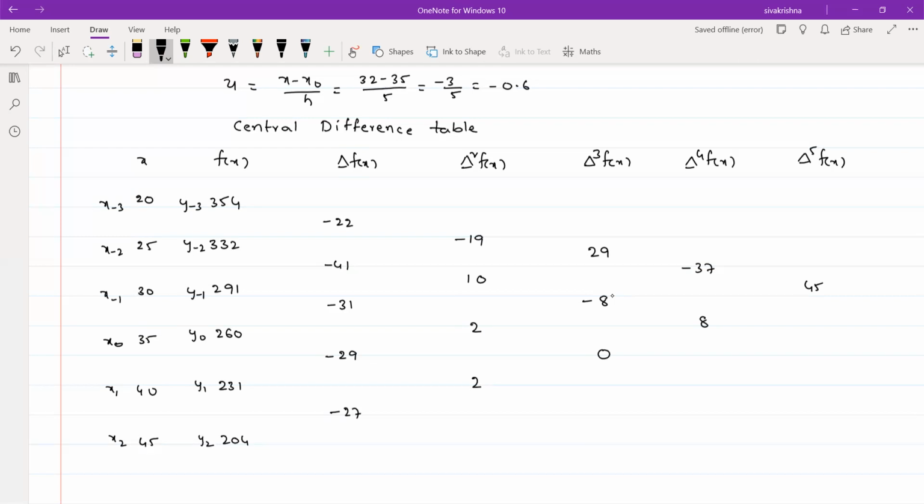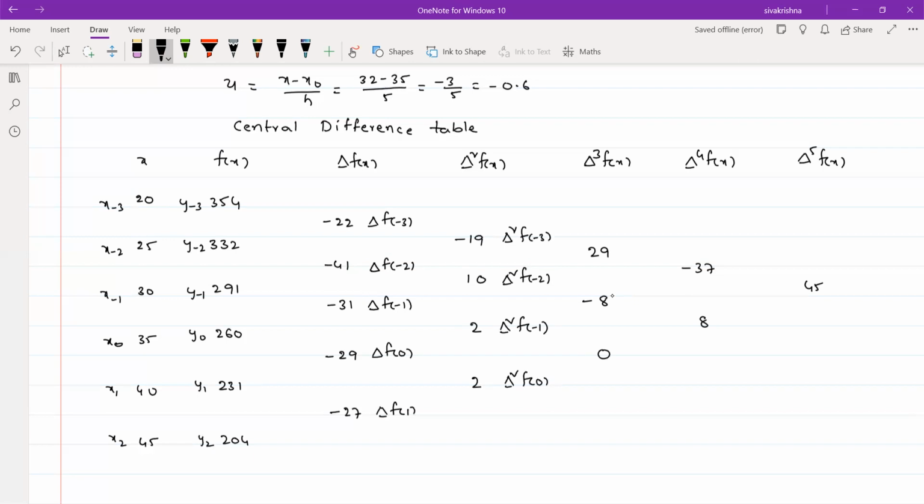Coming to the first differences, since the first value in f of x is y suffix minus 3, the first value in every difference should be with suffix minus 3. So the first differences are delta f of minus 3, delta f of minus 2, delta f of minus 1, delta f of 0, and finally delta f of 1. Coming to the second differences, delta square f of minus 3, delta square f of minus 2, delta square f of minus 1, and delta square f of 0.